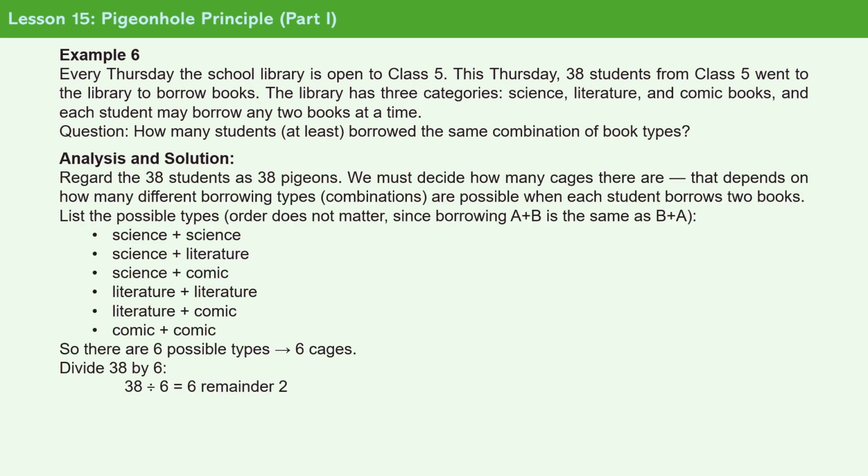Regard the 38 students as 38 pigeons. We must decide how many cages there are. That depends on how many different borrowing types are possible when each student borrows 2 books. List the possible types as following. We have our 6 possible types, which are 6 cages. Divide 38 by 6, we have 6 with remainder 2.